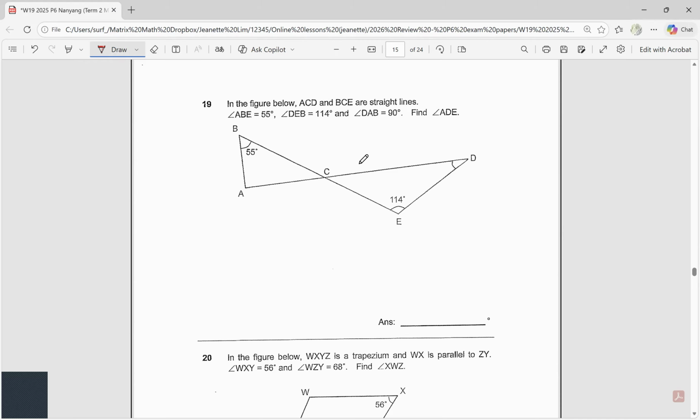Okay, question 19. A, C, D, and B, C, E are straight lines. You have 55, 114. DAB is 90 degrees. So right angle here. You need to find angle ADE, which is this angle marked out here. Now you have vertically opposite angles. So first let's find this BCA. Okay, angle BCA.